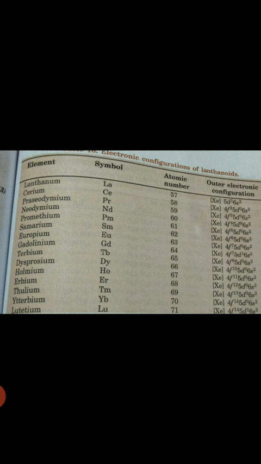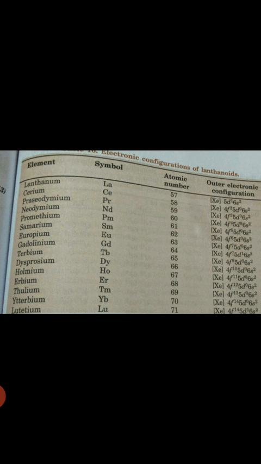Right, so if you see the configuration of gadolinium, before that, europium has 4f7, that is a completely half-filled f subshell. Gadolinium has 4f7 also, followed by 5d1 and 6s2.